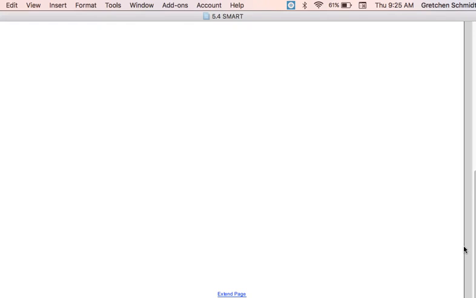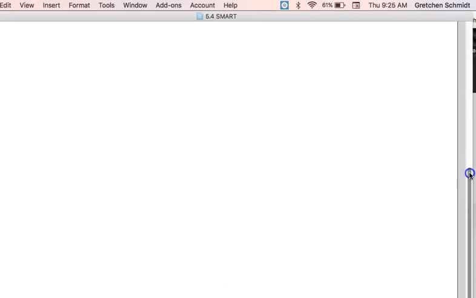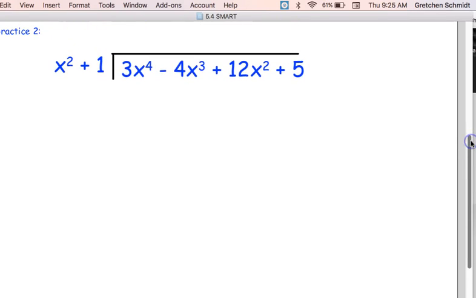And this one's kind of long, so if you're at the bottom of a page, I would go to the next page. Start at the beginning, x squared and 3x to the 4th. 3x squared.